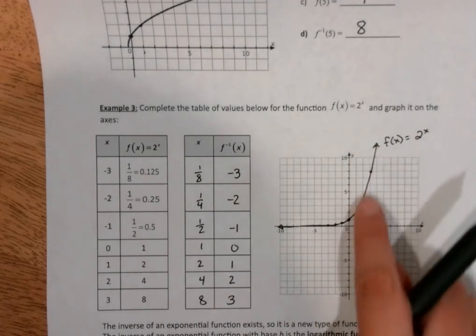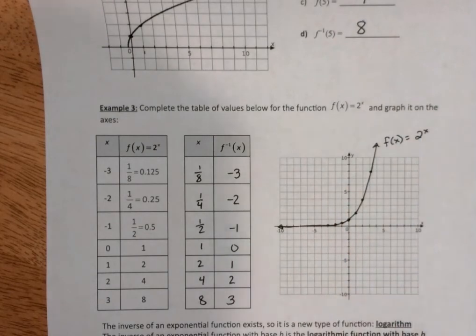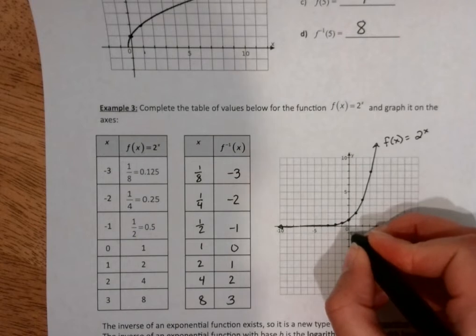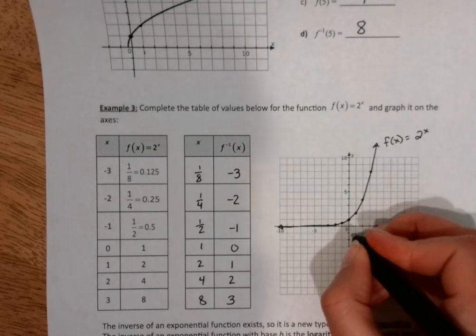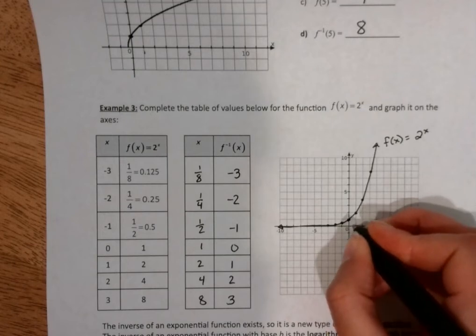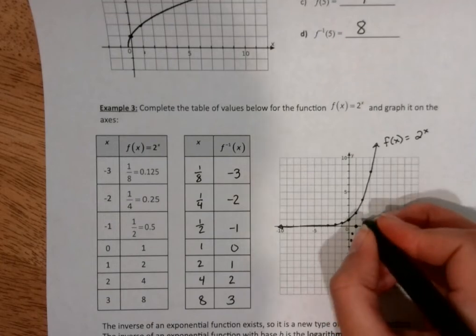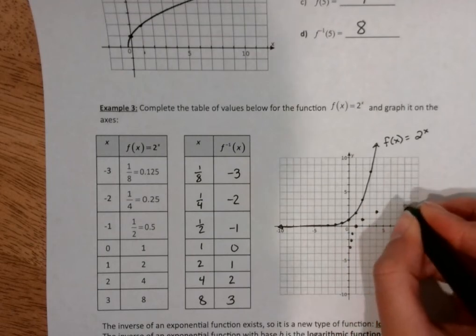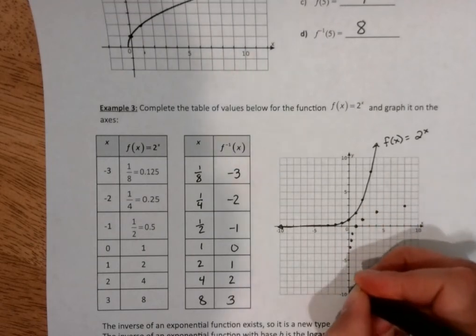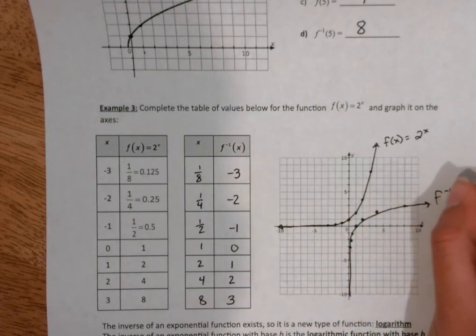We know that those have horizontal asymptotes that get very close to the x-axis. They're very tall on one of the sides. Now we're going to graph the inverse. 1/8 is now an x value, and it takes us down to -3. Then 1/4 is an x value, taking us down to -2. Then 1/2 down to -1. Then at 1 we're at 0. At 2, 1. At 4 we're at 2. And at 8, 3. So this is the graph of f inverse.